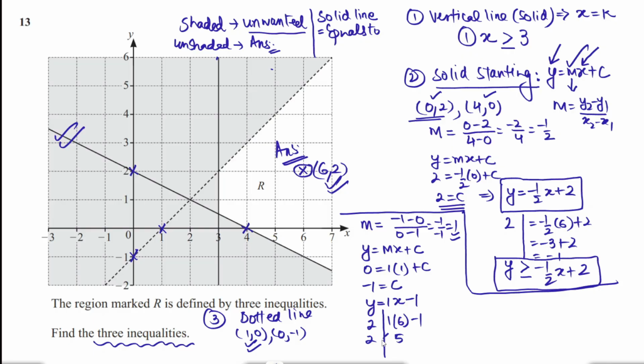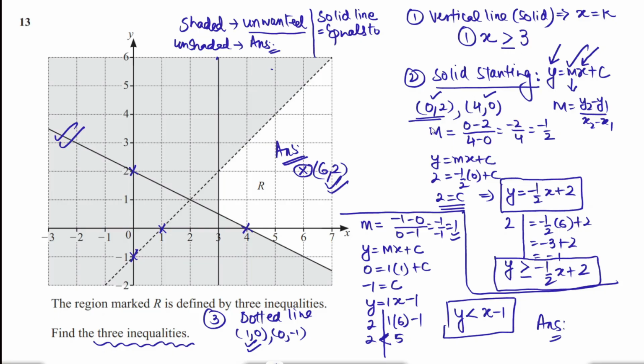Which side is greater? This side, 5, is greater. It means x minus 1 will be on the greater side. And whether the equal to sign will come or not, because it's a dotted line, this sign will not come here. It is a strict inequality. So it will be y less than x minus 1. This is your third one. So this would be considered as the answer.